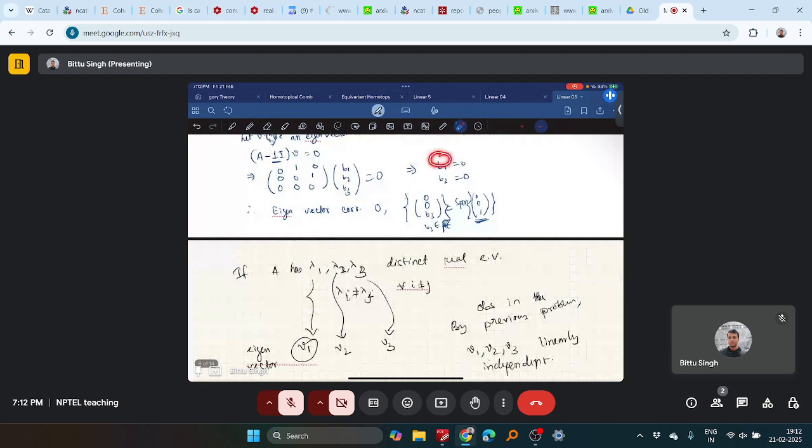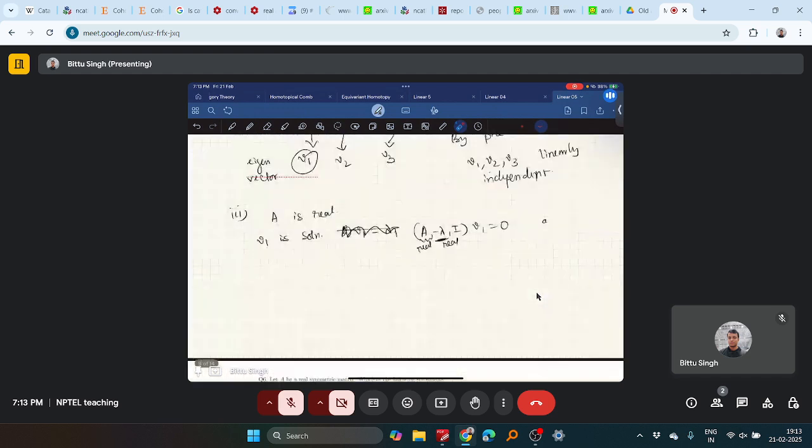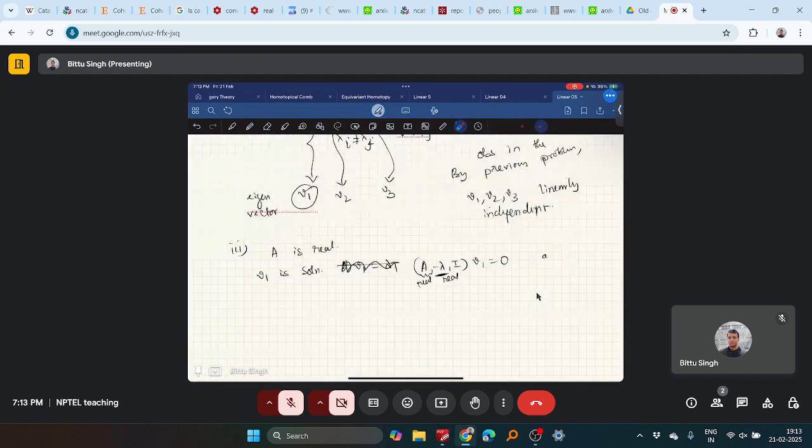For example, b1, b2, if we see that the entries are real, so clearly those are real coefficients. Therefore the solution obtained from this equation must be real. So from here we can say that v1 is real, that is, eigenvectors are real. Similarly all the other eigenvectors are also real.